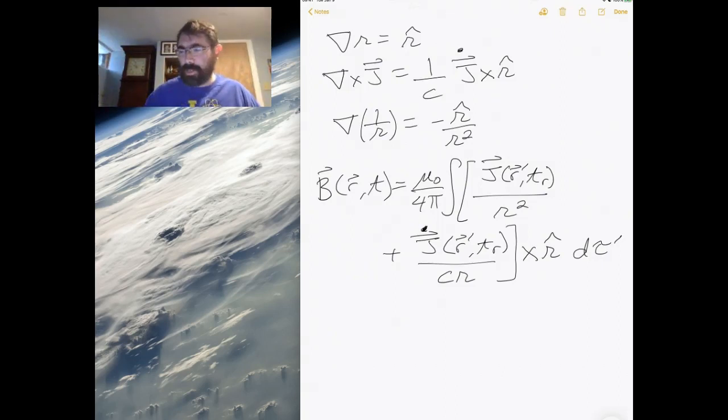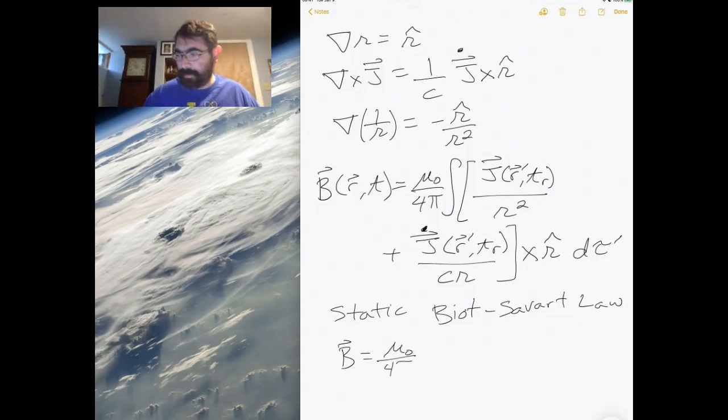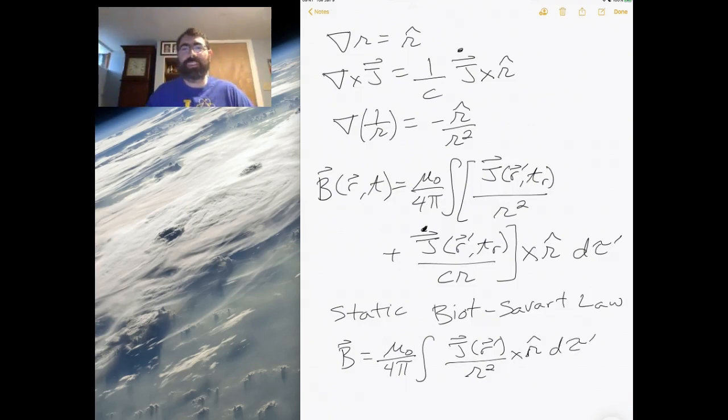So before, the static Biot-Savart law was that equation right there.